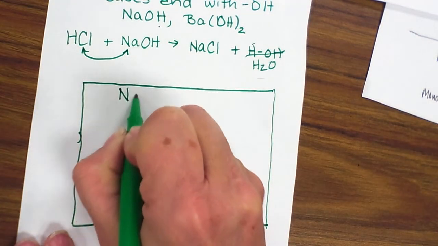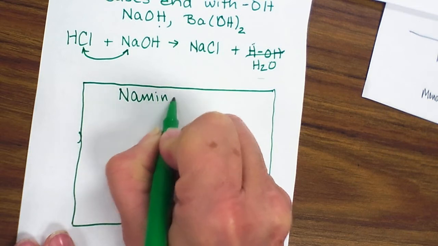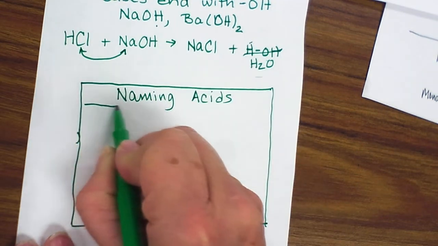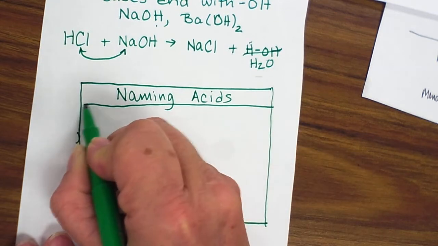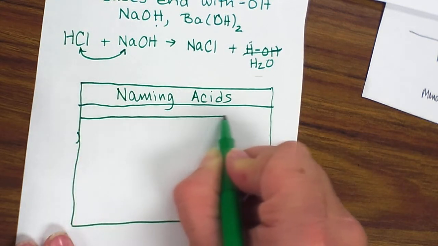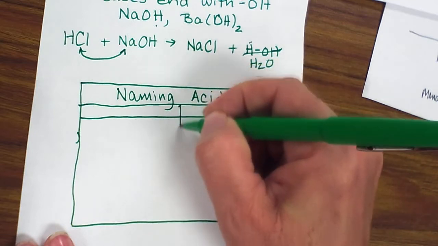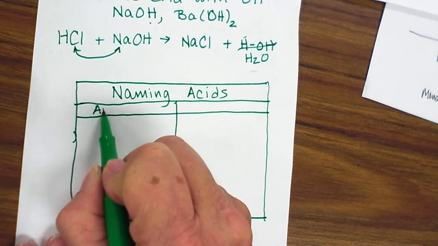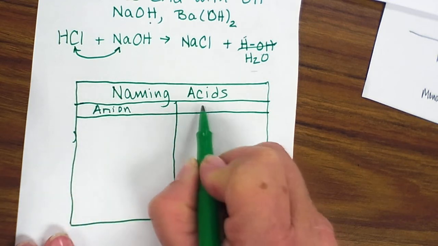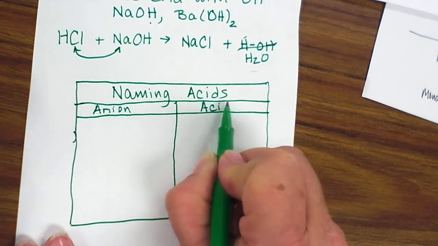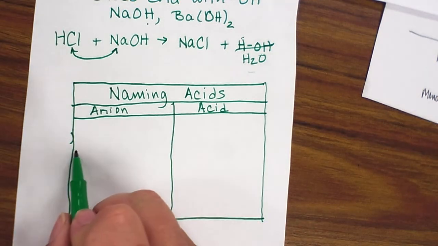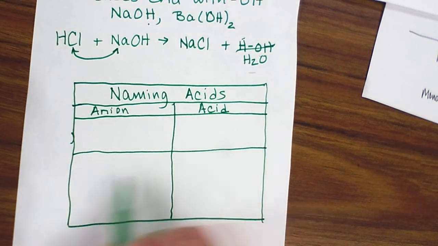So you're going to have naming acids. And when we name acids, we only look, weirdly, at the anions. So you're going to have anion here, and then you're going to have acid here. So we're going to look at the anion, and then we're going to look at the acid. And there are three possibilities.